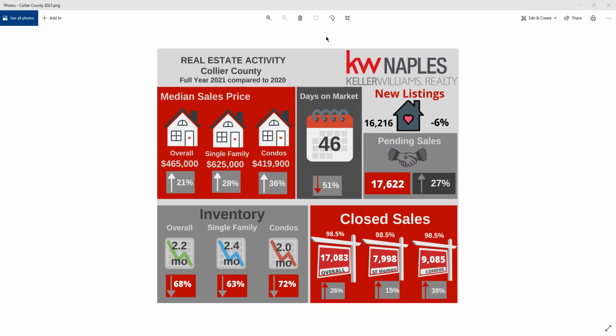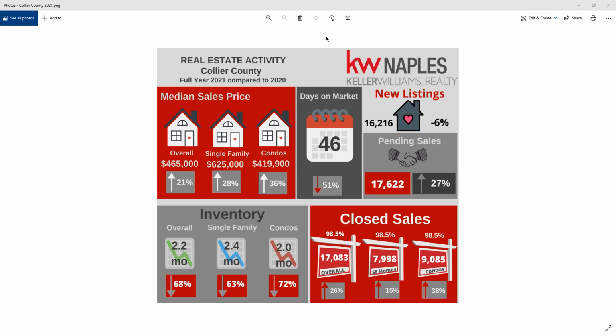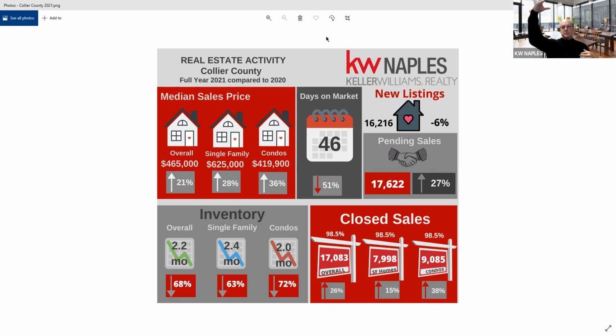So I would have thought the median would have been somewhere between 28 and 36%. Well, the median price is looking at the overall median price of 2020 over 2021. So it's two different data sets. Okay. All right. And it will always be a little less because you're spreading it over 17,000 sales versus 7,900 or 9,000 down the lower right.